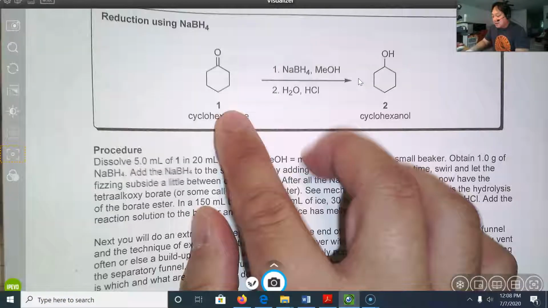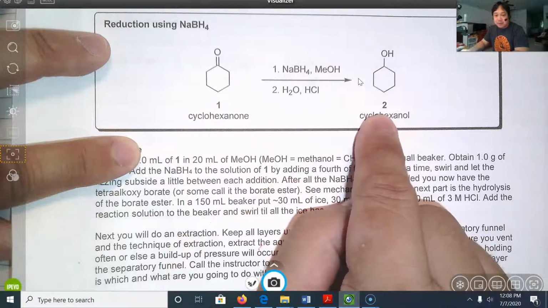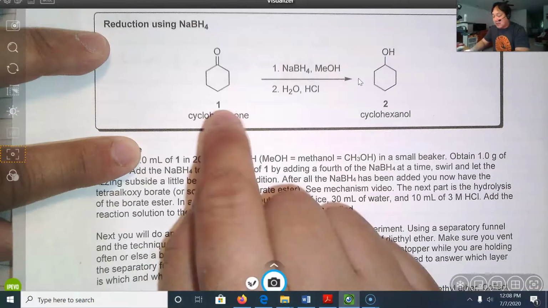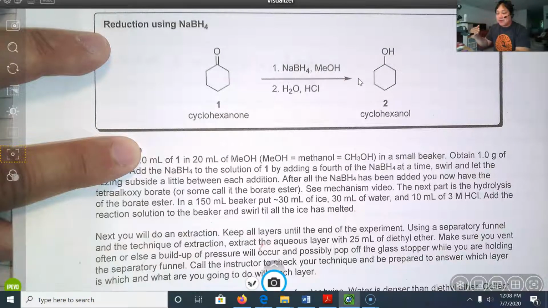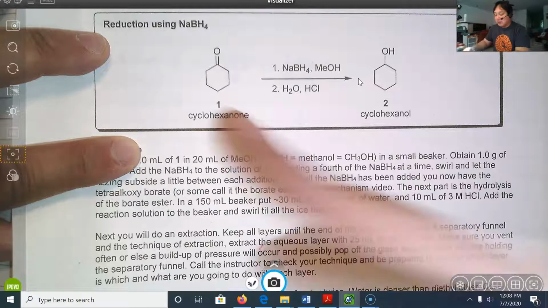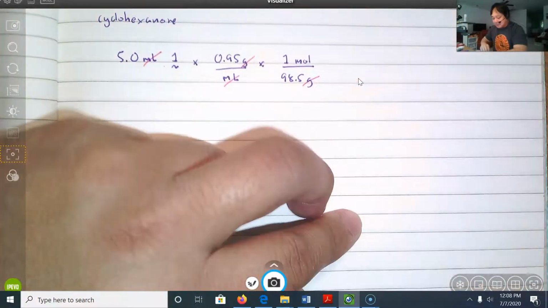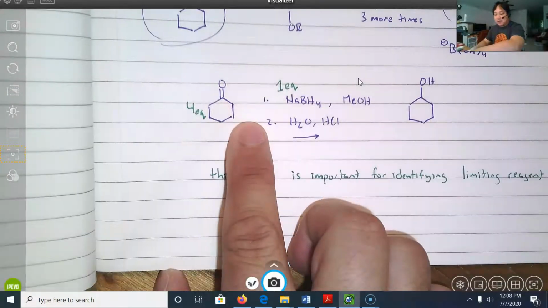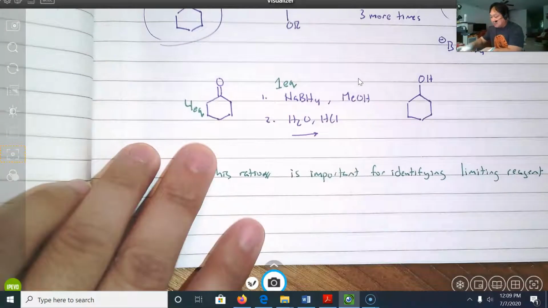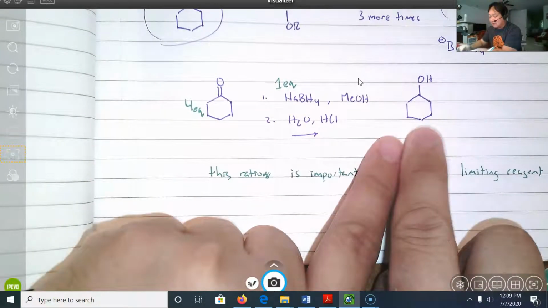What do we say about the ratio, though? For every 1 molecule of this, we get 1 molecule of product. In the mechanism, we had 4 molecules of this, and we get 4 molecules of product. Either ratio is fine because it's equal, either 1 to 1 or 4 to 4. I am going to use the 4 ratio since I want to emphasize it. By the way, if this is true, how many equivalents of product do I get?